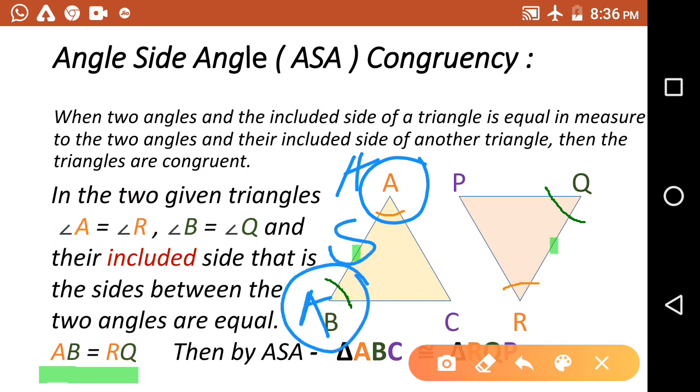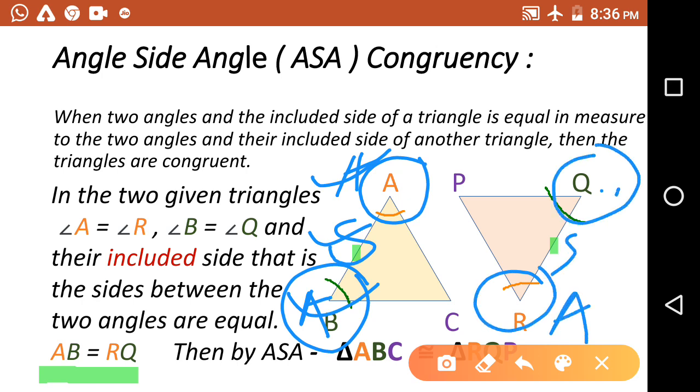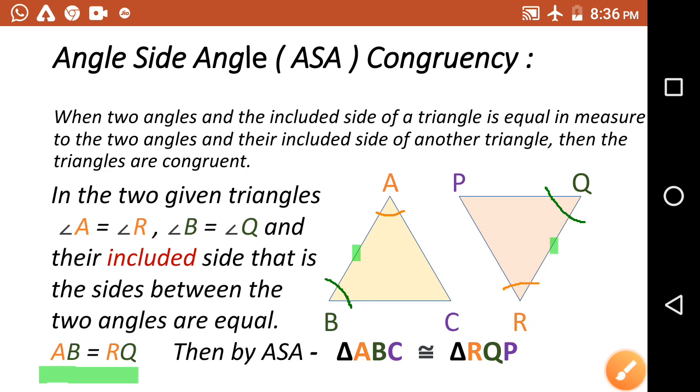So angle, side, angle in proper order. By ASA congruency, that means angle side angle are in order, the side is included in between those two angles, and this is the angle side angle congruency rule.